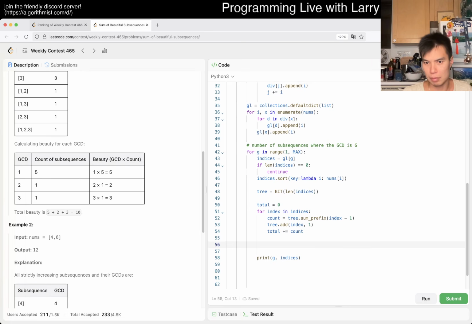Okay, and then for the factor of g is equal to total. I think this is right. Count is the number of things, and then the dp of index is going to be the sum of all those previous things. Okay, I think that's right.